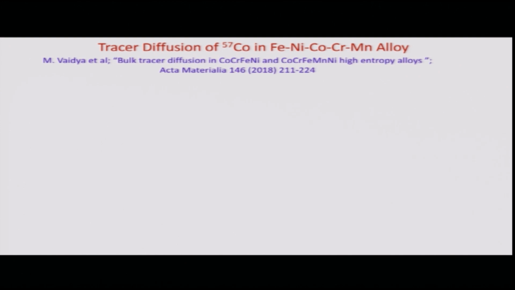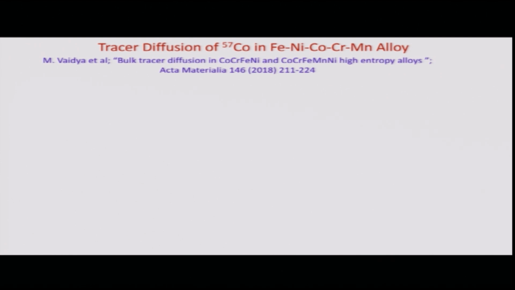These are very popular these days. They are referred to as high entropy alloys, and diffusion is one of the most debated topics in these high entropy alloys. So they determined the tracer diffusivities of each of the constituent elements in these two alloys.